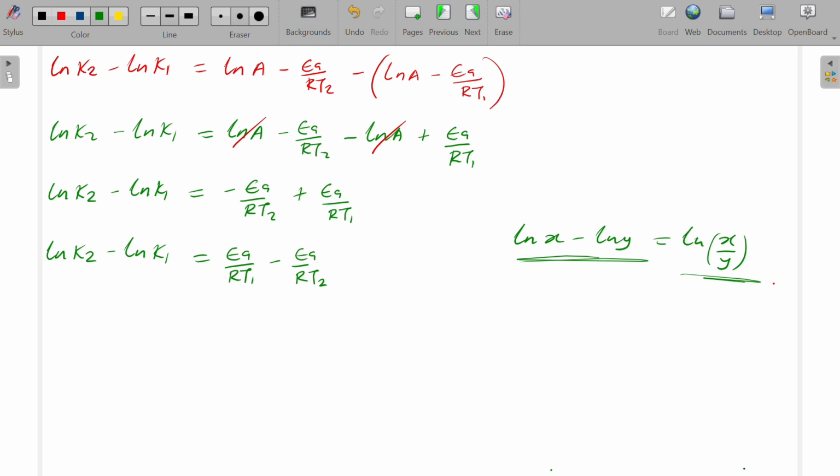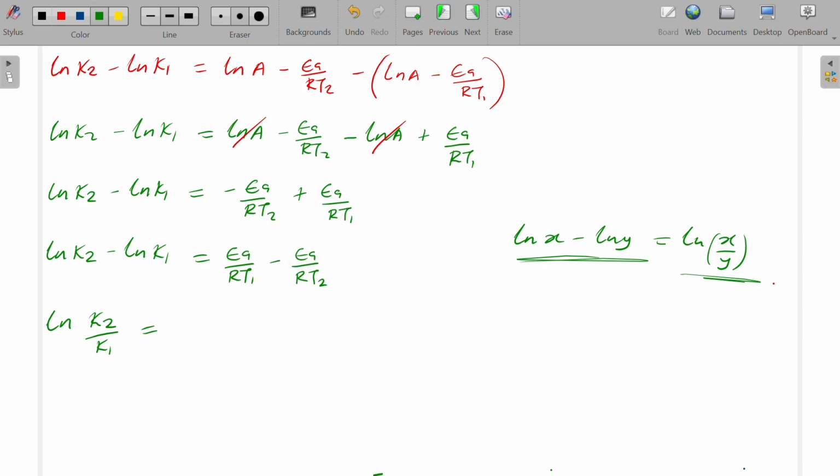What is on the left hand side, natural log of K2 minus natural log of K1, is the same as natural log of K2 divided by K1. So that's what we're going to have there. And this is equal to, on the right hand side, we can see we have something that is common here. Activation energy and R are the same here and also the same there.